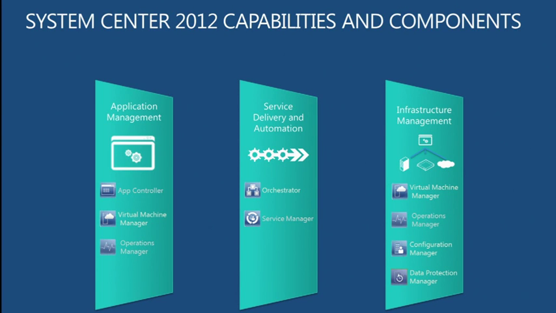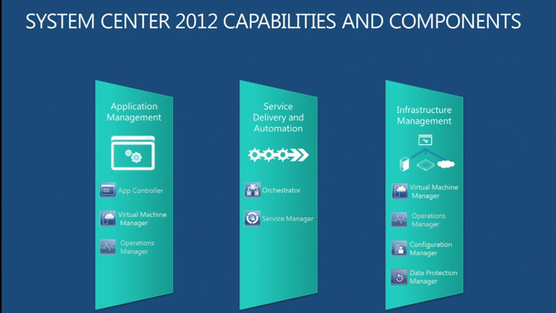We have service delivery and automation components. So our Orchestrator, what was previously called Opalis, allows you to do runbook automation and automate your processes within your environment. And then Service Manager, really providing that business process layer on top of the System Center suite.